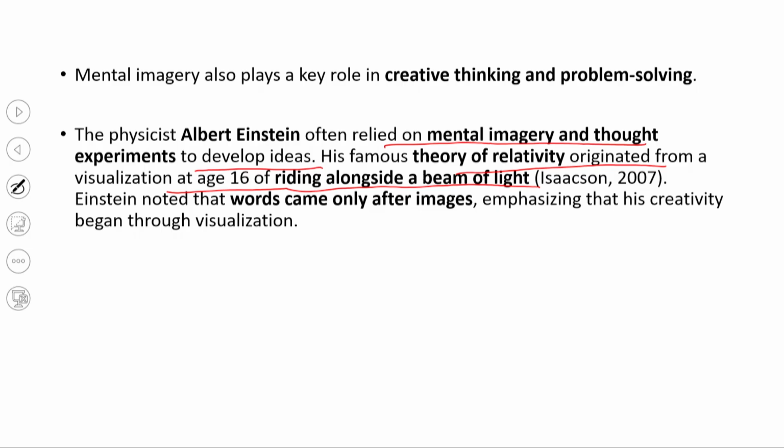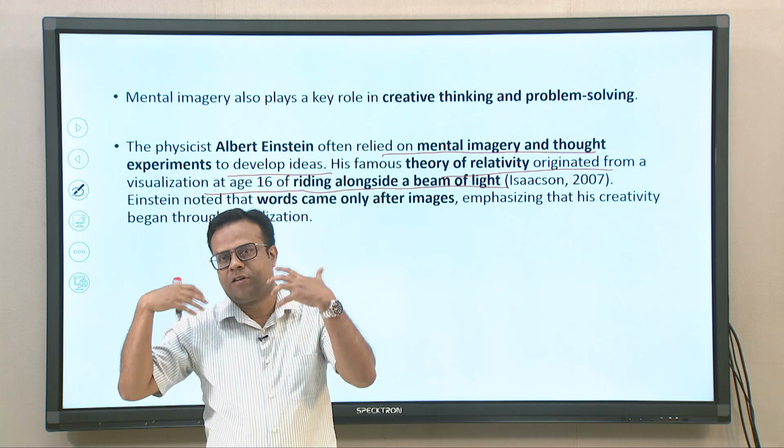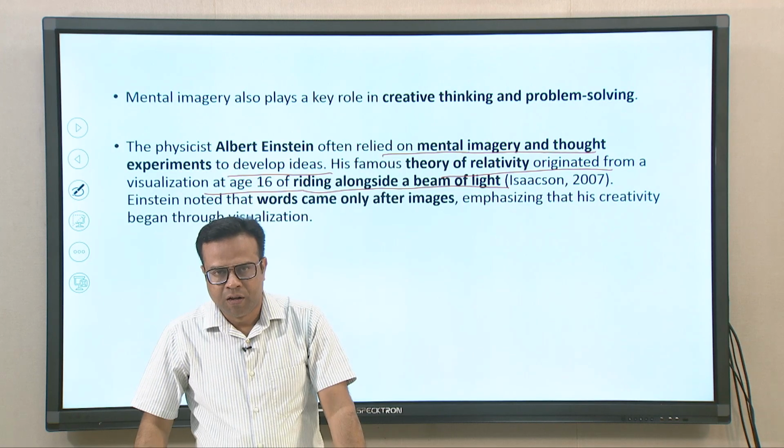A lot of these ideas, especially the theory of relativity, emerged out of his visualizations. He was imagining riding alongside a beam of light, and that led to the idea of relativity.